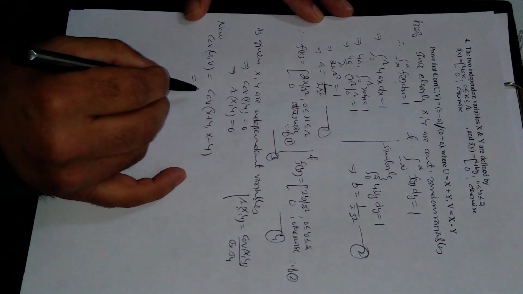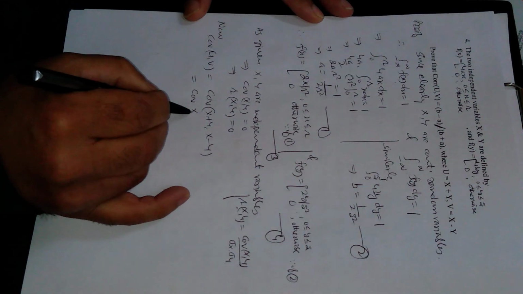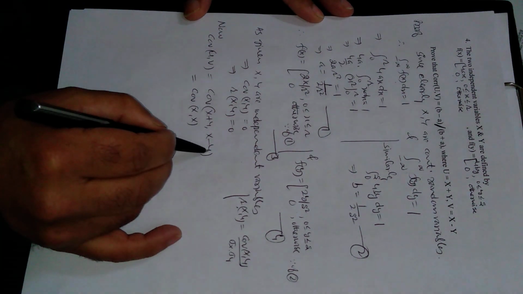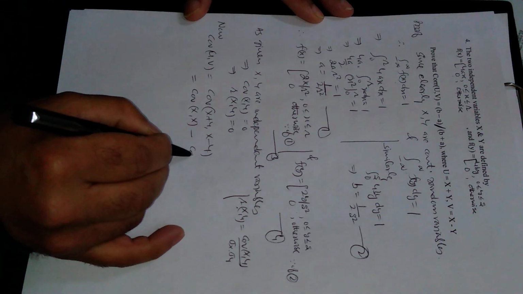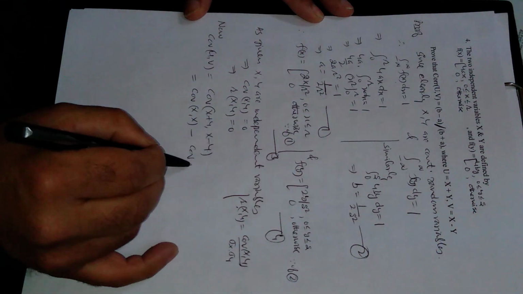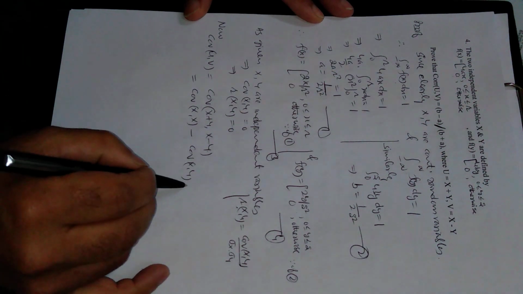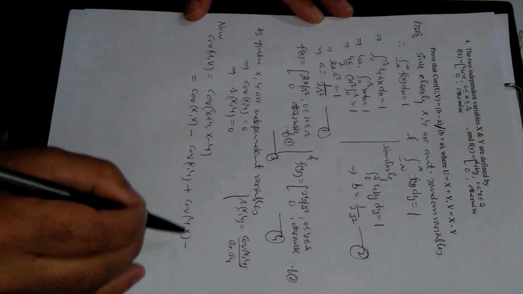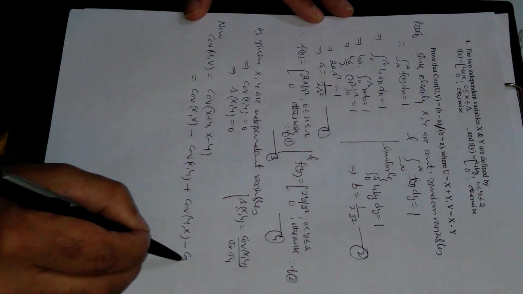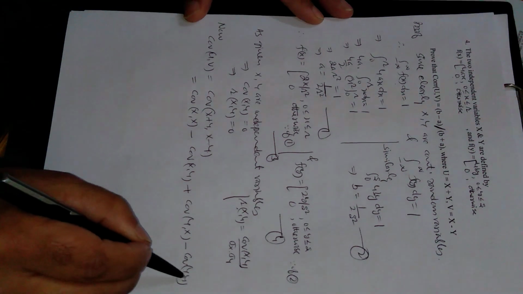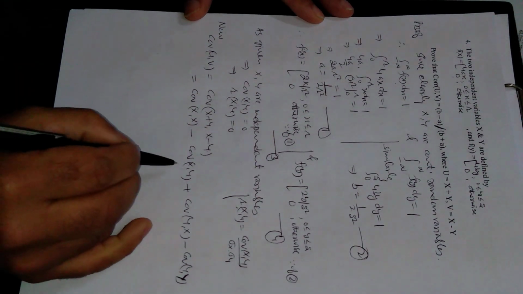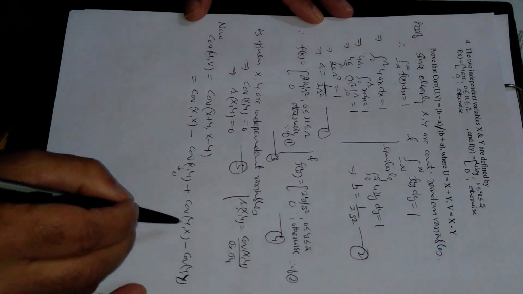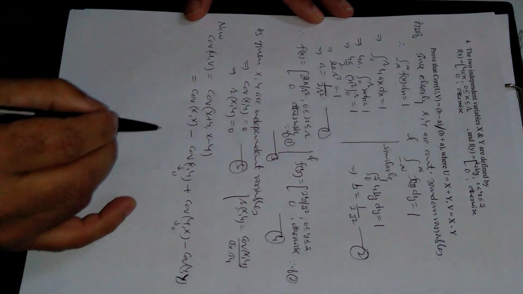This can be simplified as the covariance between x and x, minus the covariance between x and y, because minus is here, plus the covariance between y and x, minus the covariance between y and y. As we know, because of equation 5, this covariance is 0 and this is also 0.